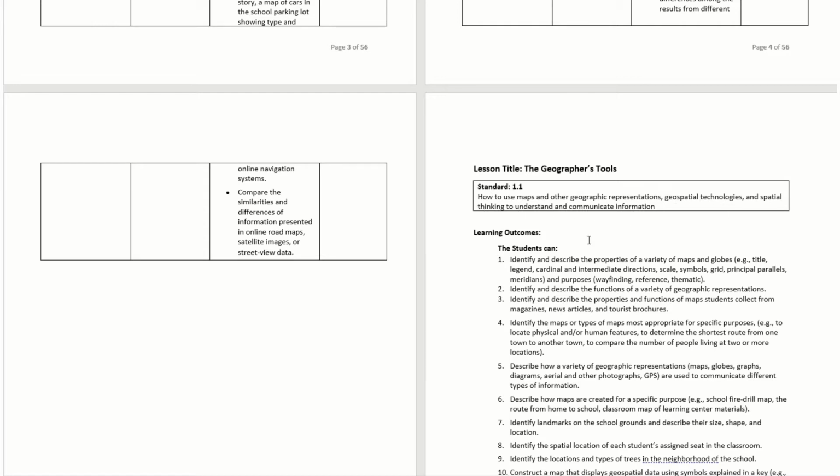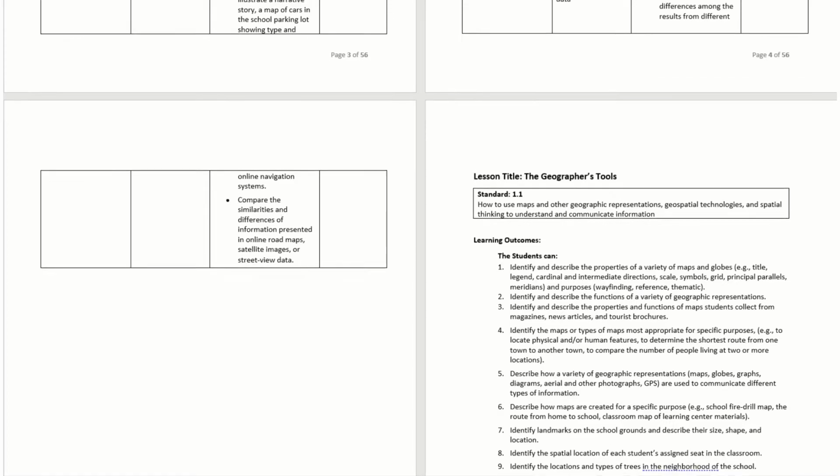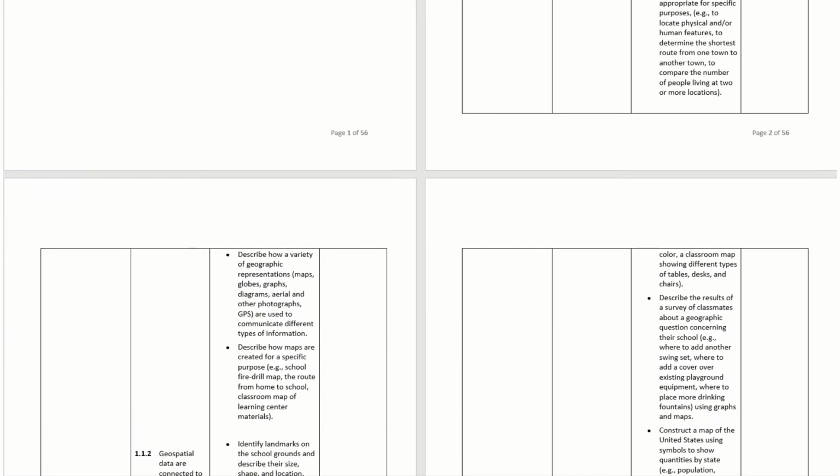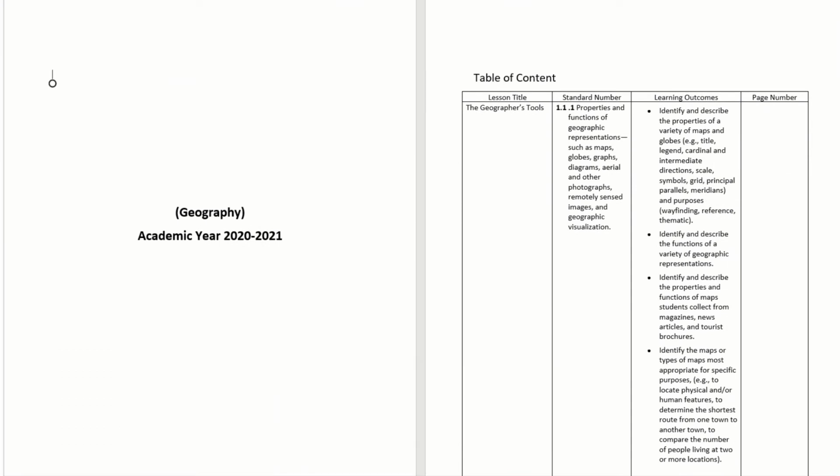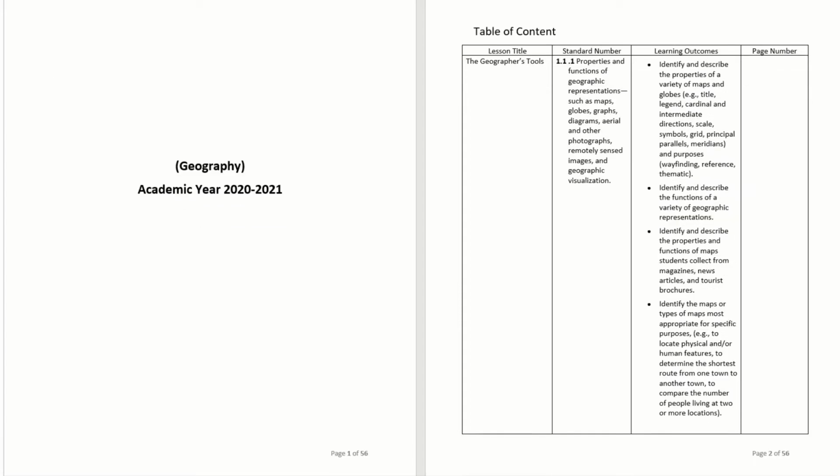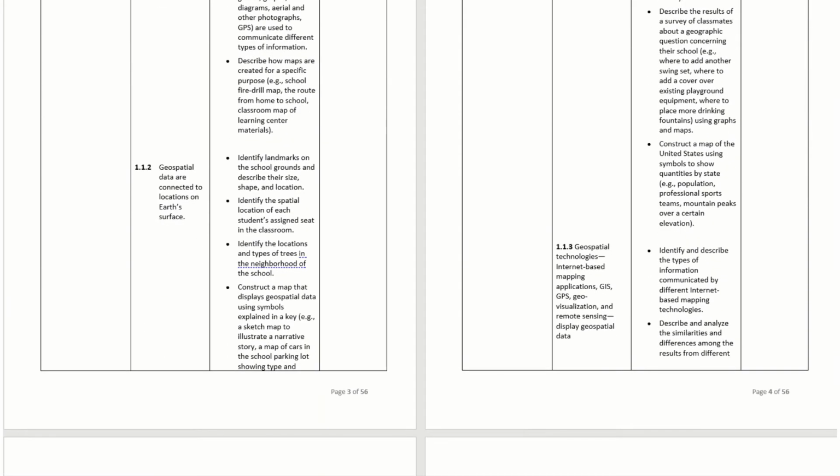This is standard 1, and it's simplified into 3 indicators. 1.1 is the properties and functions of geographic representations, such as maps and globes, diagrams, and photographs remotely used in geographic visualization. 1.1.2 is geospatial data connected to locations on Earth's surface, and the third is geospatial technologies.